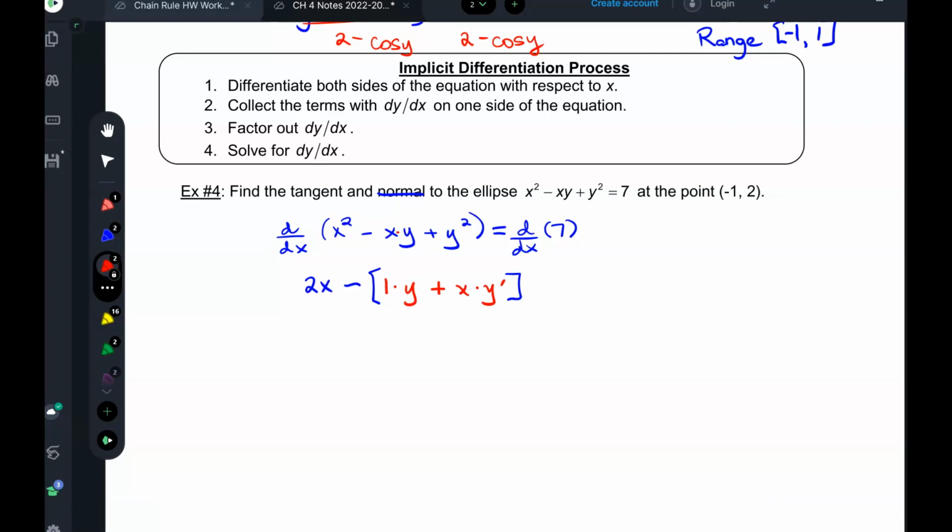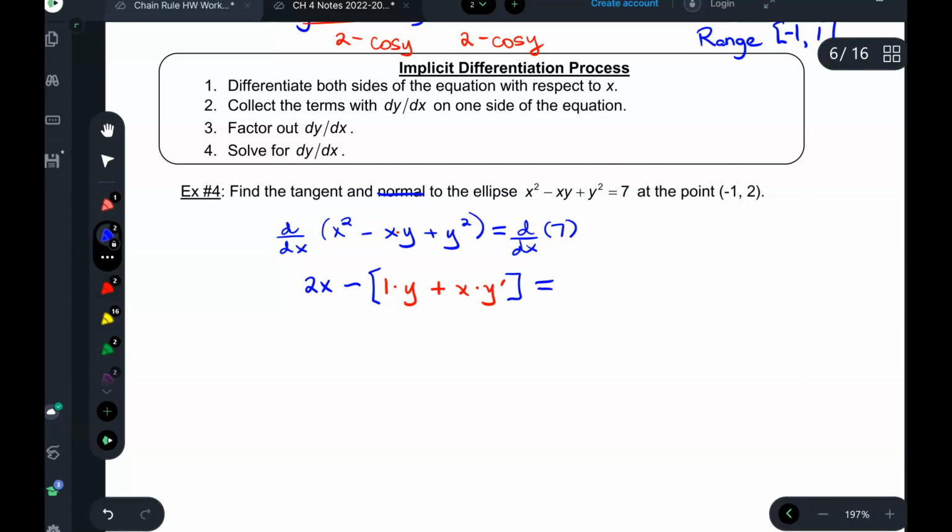Keep this the same times the derivative of y. Oh, because the derivative of y is 1 and then you multiply. Okay? Equals, what's the derivative of 7? That's a constant, so 0. What about the y squared? Oh, sorry, I missed that. Thank you. Okay. I think we got the y squared now, right? 2y times y prime.